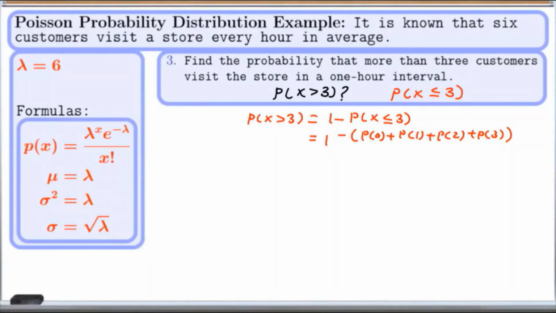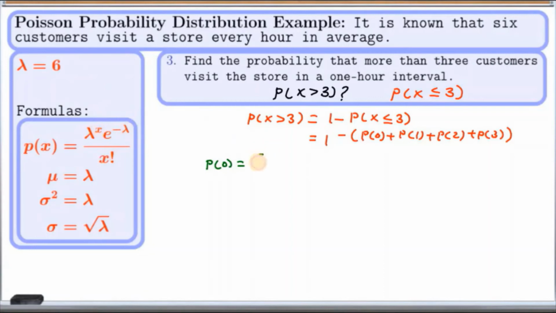Now, let's do that. Let's find the probability of 0. So we know our lambda is 6 and our x is 0. So all we will be doing is replacing those lambda and x in this formula here.